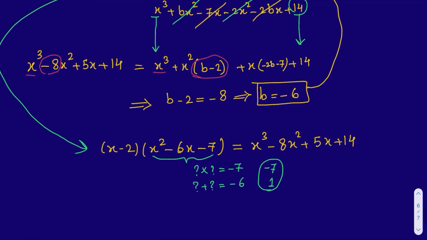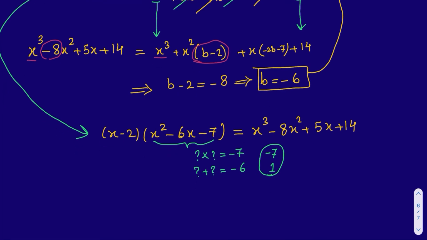These are two numbers. So we found the roots already, or factors. So the roots of this equation will be x minus 7, and the other one is x plus 1.